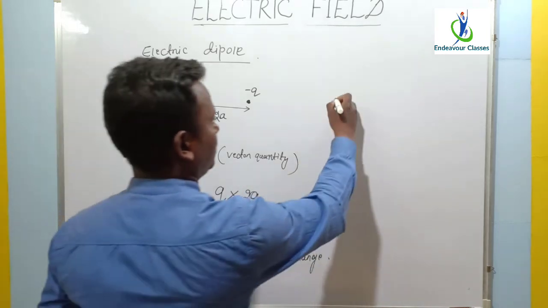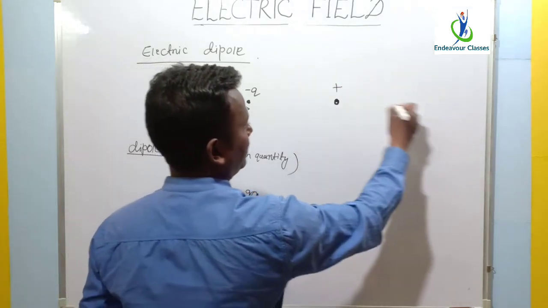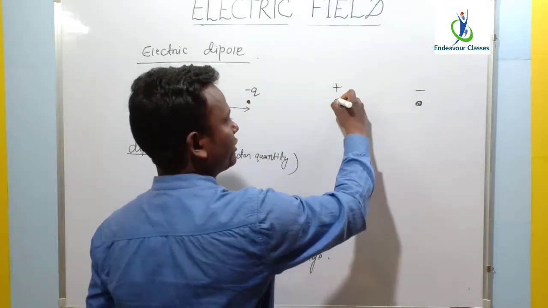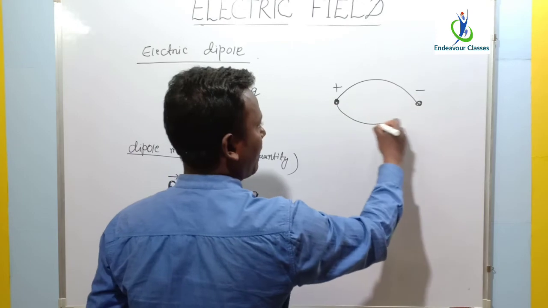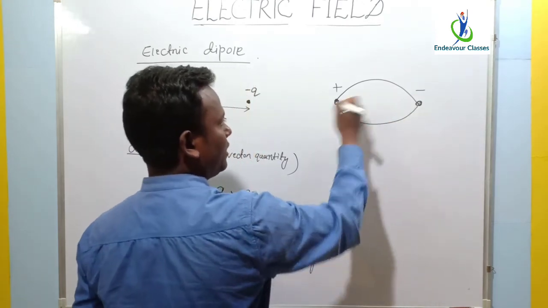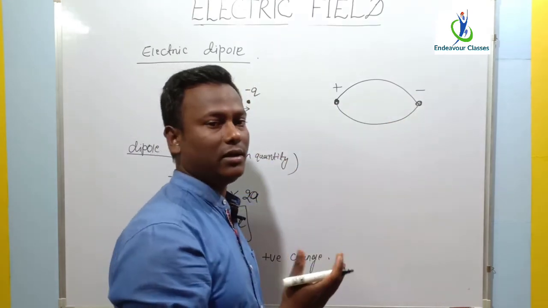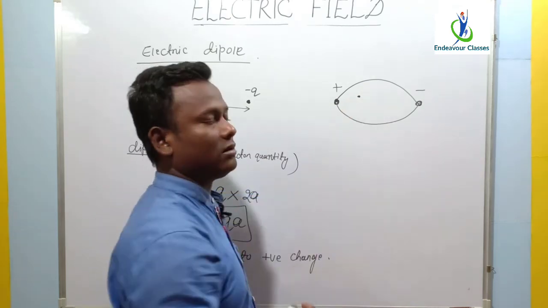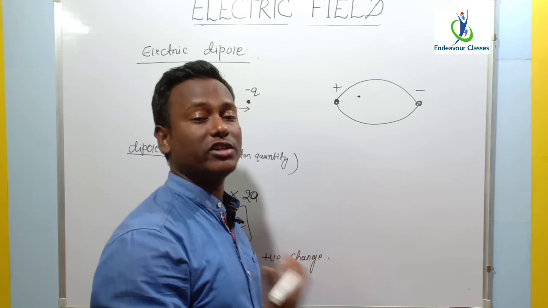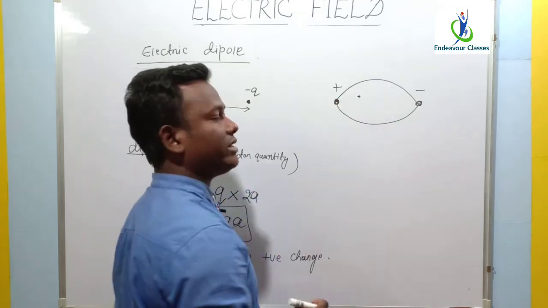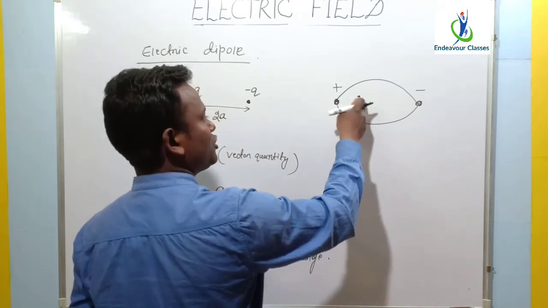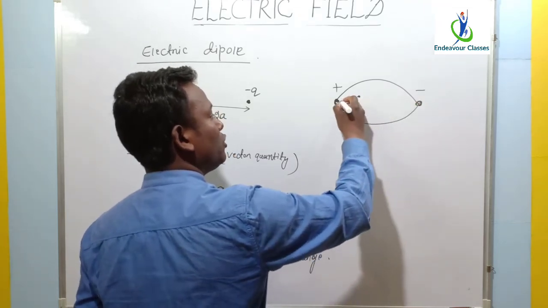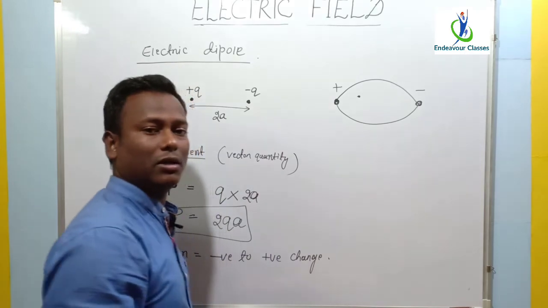But as we saw, when there is a positive and negative charge, the electric field will always be directed from positive to negative. Definitely, because in order to calculate the direction of the electric field, we generally place a unit positive charge and see in which direction it is moving. If you consider a test charge, it will be repelled by the positive charge and attracted by the negative charge, so it will move from positive to negative.